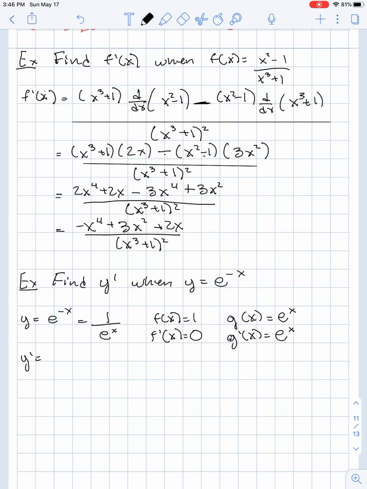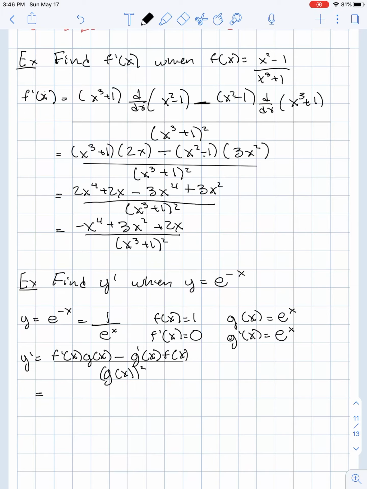So y prime is going to equal f prime of x, g of x, minus g of x, g prime of x, f of x, oopsies, over g of x squared. Okay?